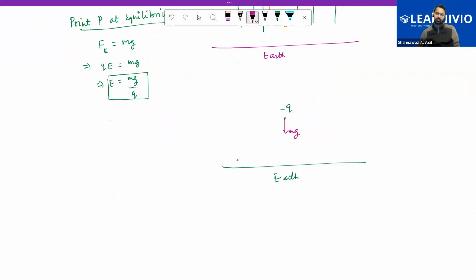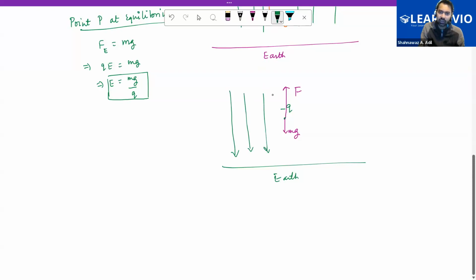It would be a downwards electric field. Absolutely correct, because the force is again upwards, and this is a negative charge. For a negative charge, the electric field is in the opposite direction. Good.